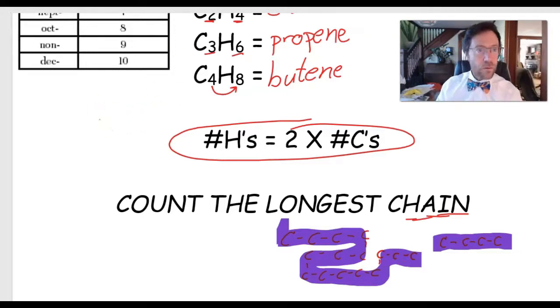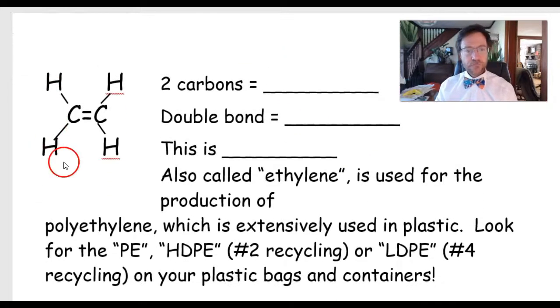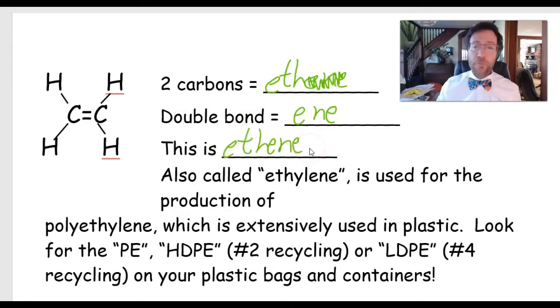All right, let's check out this one. 2 carbons. And look, there's a double bond, so that's going to be ene. This is called ethene. You may not have dealt with ethene, but I guarantee you've seen products of ethene, your number 2 plastics or your number 4 plastics.